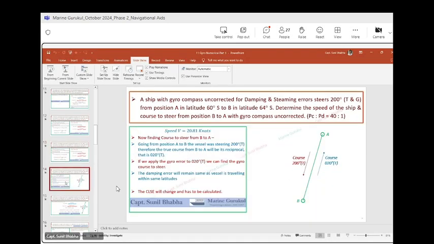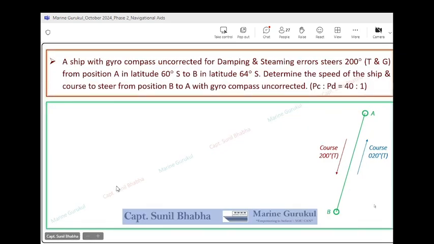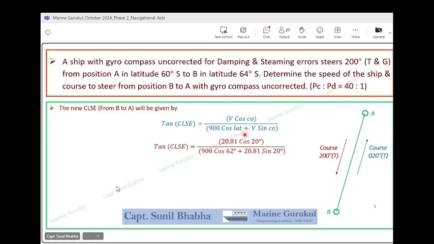Okay. So let us now calculate the CLSE. Calculating the new CLSE, in the formula tan CLSE is equal to V cos course divided by 900 cos lat plus V sin course. We have a positive sign now because the course is 020, which has an easterly component, and we have a positive sign with easterly component.